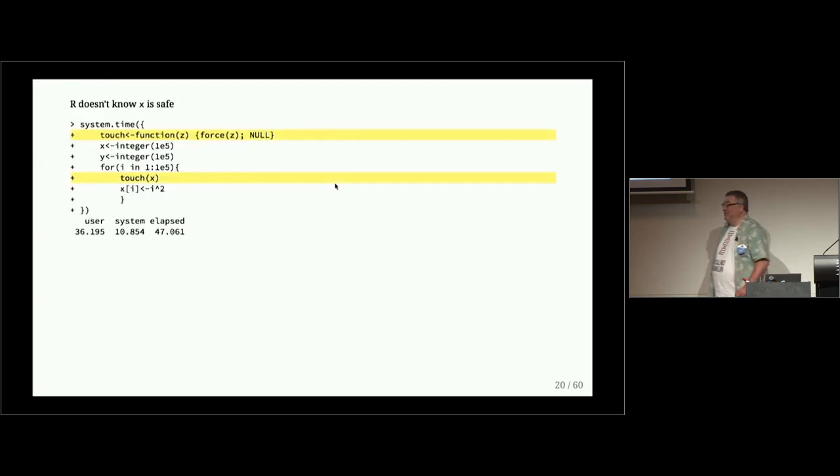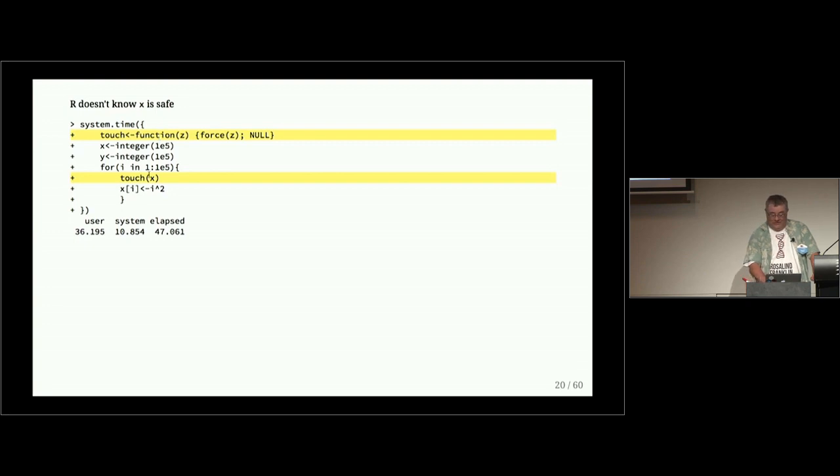But the impact can be quite dramatic. Here we've got a piece of pointless code that squares the elements of a very long vector. We've got two very long vectors. And we have this function touch, whose purpose is to confuse R about whether it's safe to modify that vector.